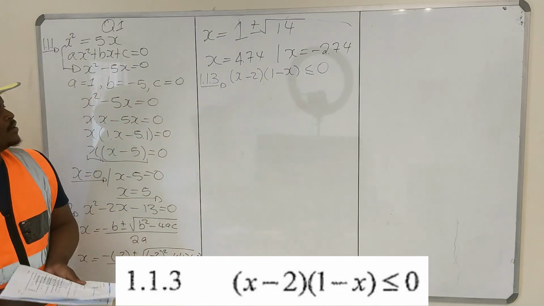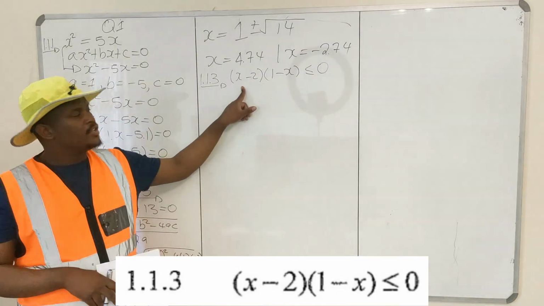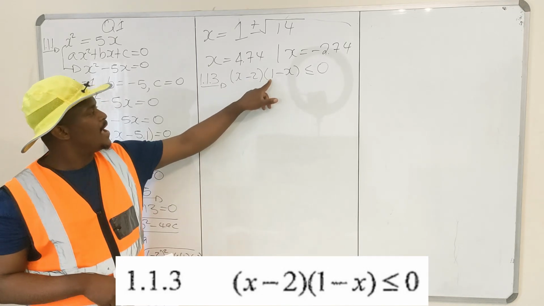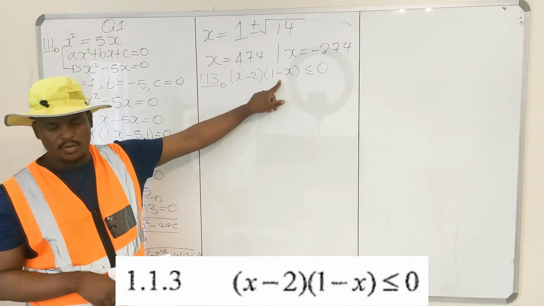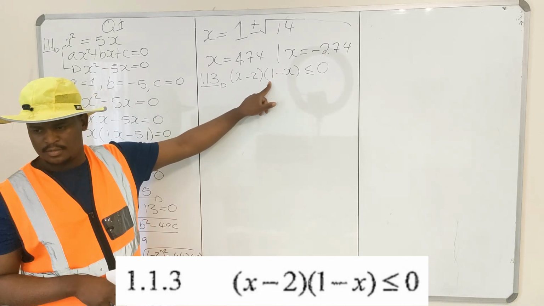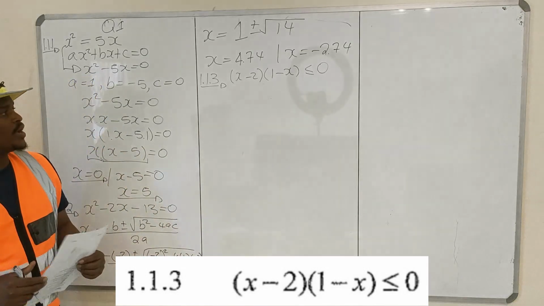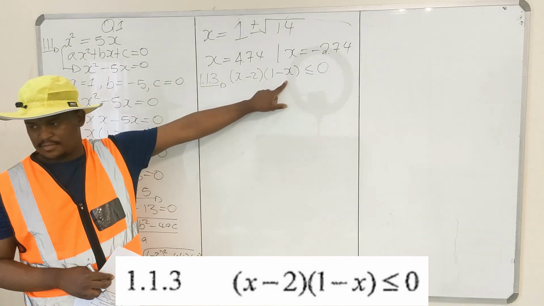Before I continue, let me go back a bit. On a normal day, you always have x plus or minus a number, right? But here it's not like that. You have a number first. Do you see? So if you think it might be confusing, let's start with the x.